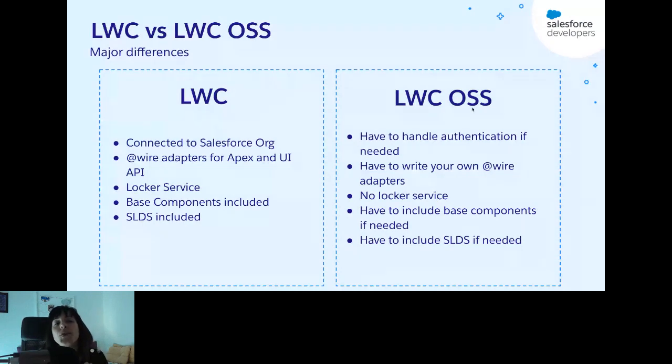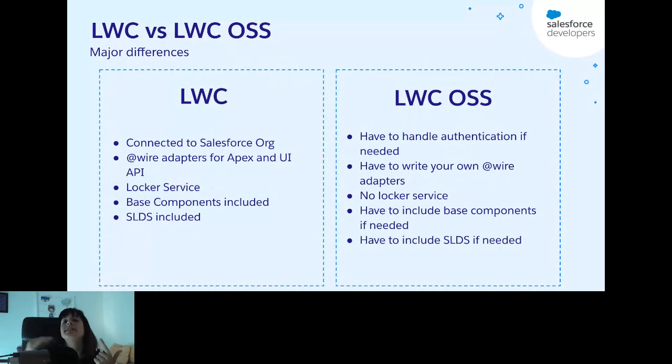But if you are going to use Lightning Web Components outside of the platform, you will need to handle the authentication, and you will have to write your own wire adapters if you want to use the wire service. Okay, that is important to know. Another major difference is that on the platform, when you use Lightning Web Components, Locker Service applies.